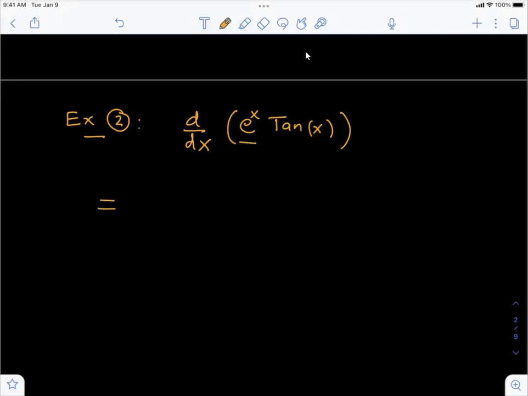The first function is e to the x, and the derivative of e to the x is none other than e to the x itself. And then the original second function. Now, when you write this, be careful. The derivative of the original function is essentially not changing much. It is exactly the same thing when it comes to the natural exponential.